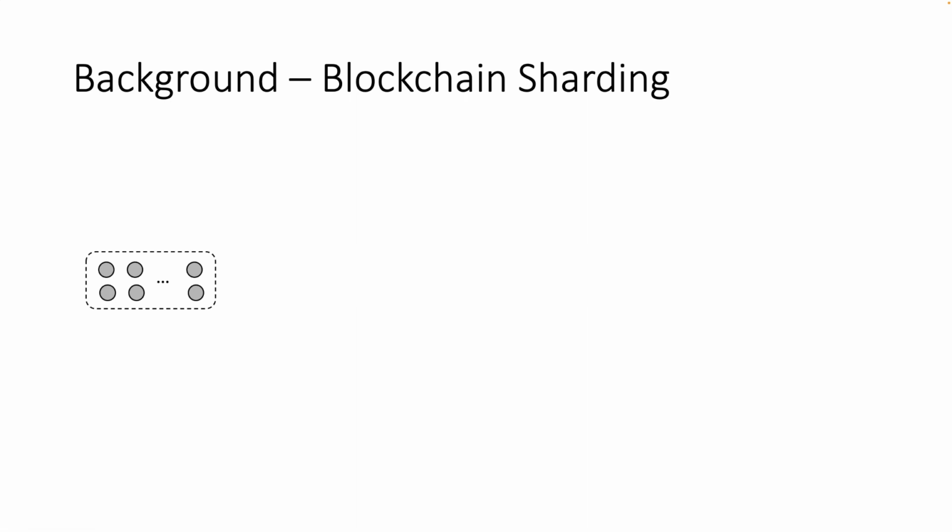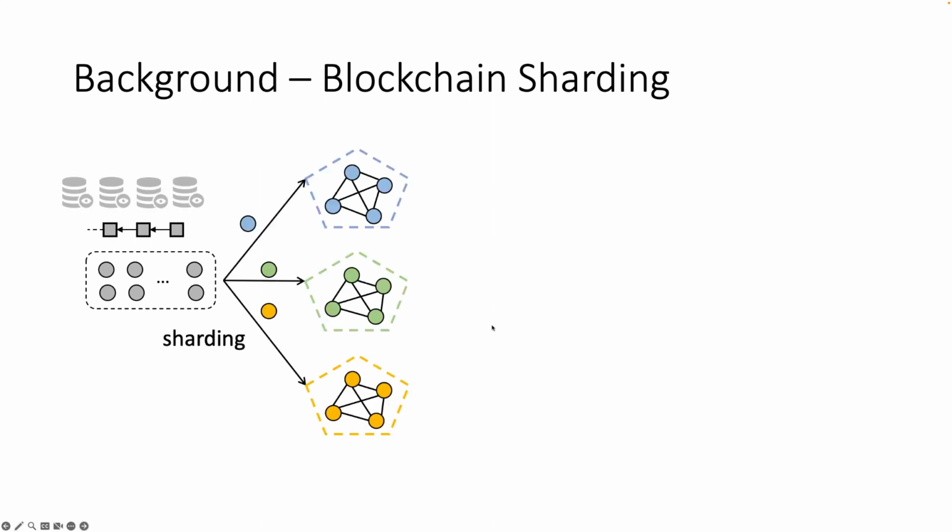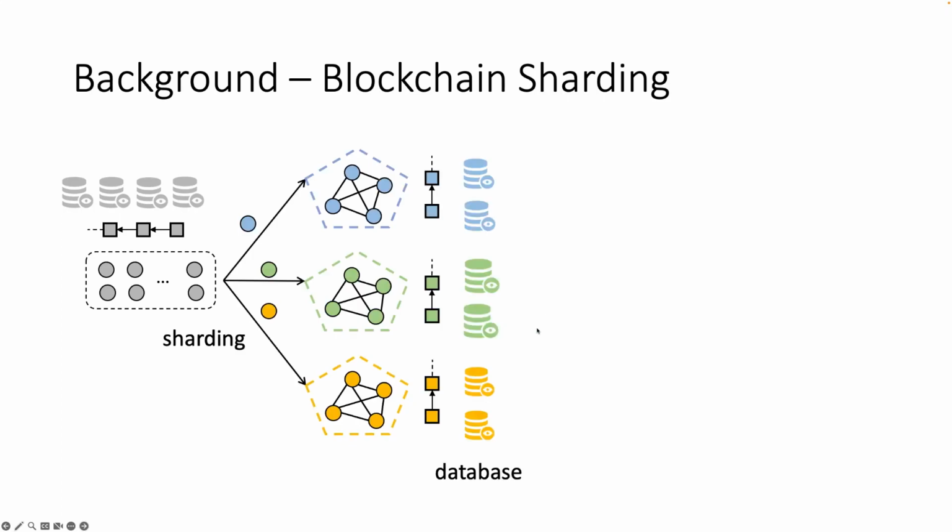Even though blockchain has been developed for nearly 50 years, the major challenge is how to scale the blockchain, that is, how to improve its performance. Sharding technology is one of the promising solutions to scale the blockchain.